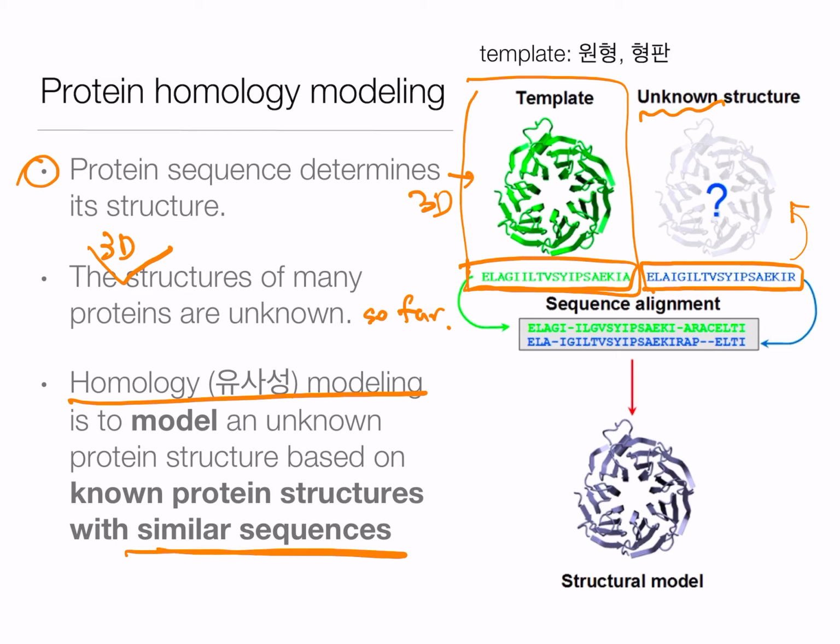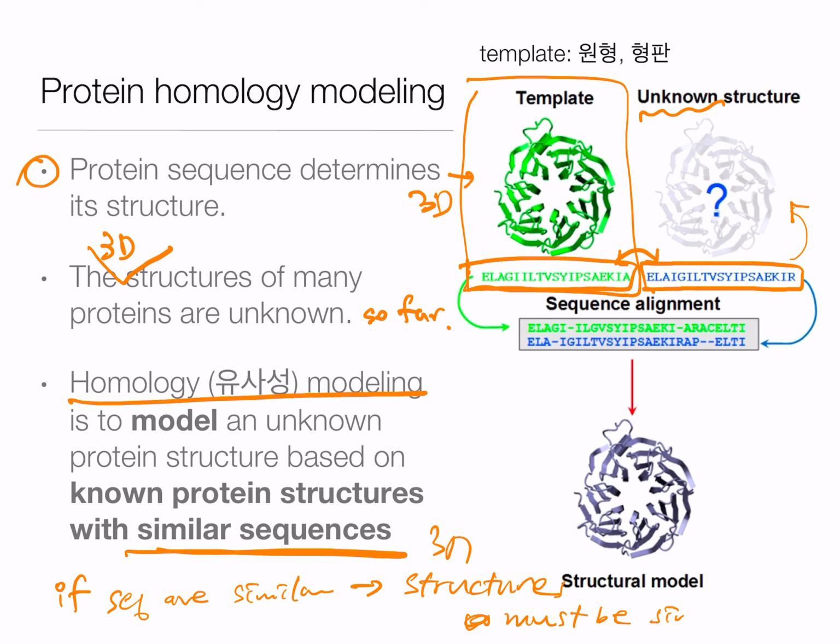Let's say these two sequences are similar. Here our main hypothesis is that if sequences are similar, then 3D structures must be similar.